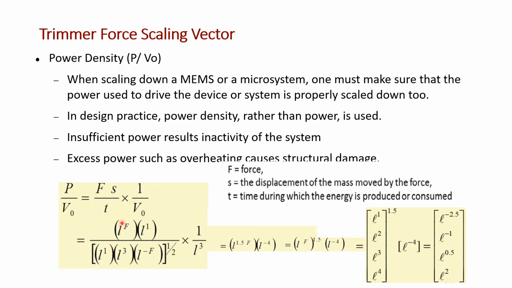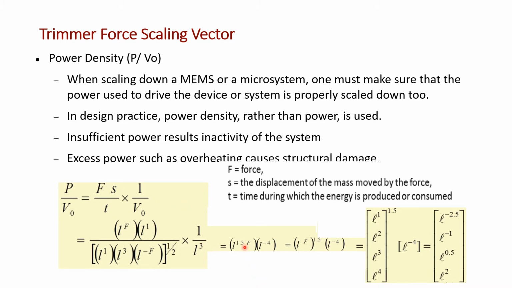So force is proportional to L raised to F. S is the distance which is related to the linear dimensions as L raised to 1. And the proportionality of the time we have already found out in the previous slide, which is replaced here: L raised to 1, L cube, L raised to minus F, whole raised to half. And then again V0, which is the volume, is proportional to L raised to 3. So that also is replaced here.